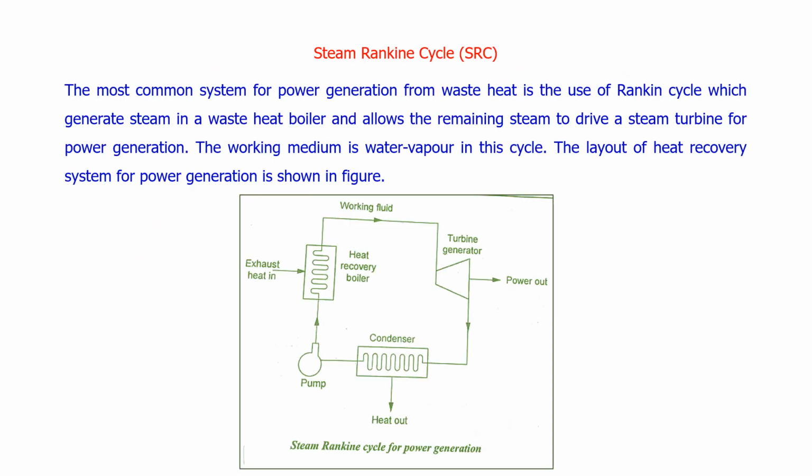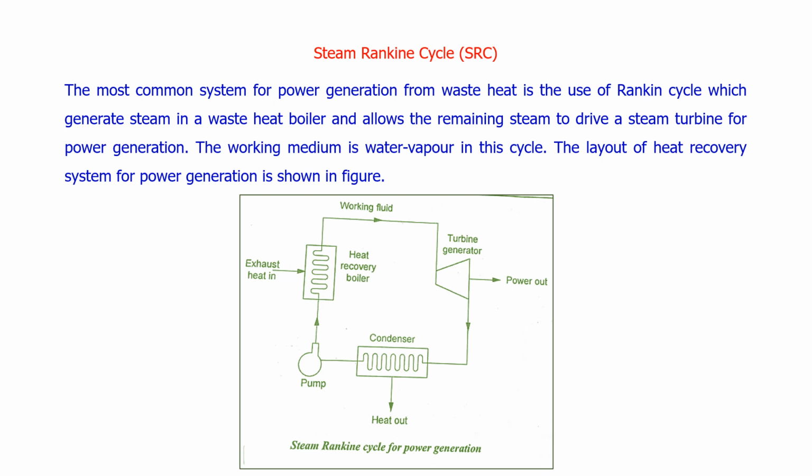The steam Rankine cycle is simply called SRC. Here the most common working medium is steam. Steam is used as the working medium, which is generated in the boiler, the steam generator. So we get the exhaust heat from flue gases from the furnace, and it goes to the heat recovery boiler.